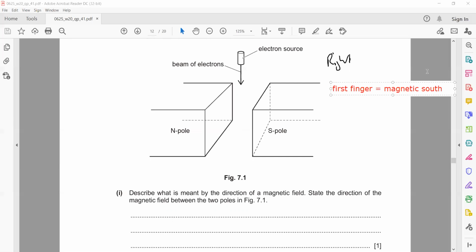Your second finger will point in the direction of motion of the particle, and your thumb will represent the force or the deflection. So your first finger should point towards the right hand side. In this example, your second finger should point downward, and when you check, your thumb will automatically point into the paper.